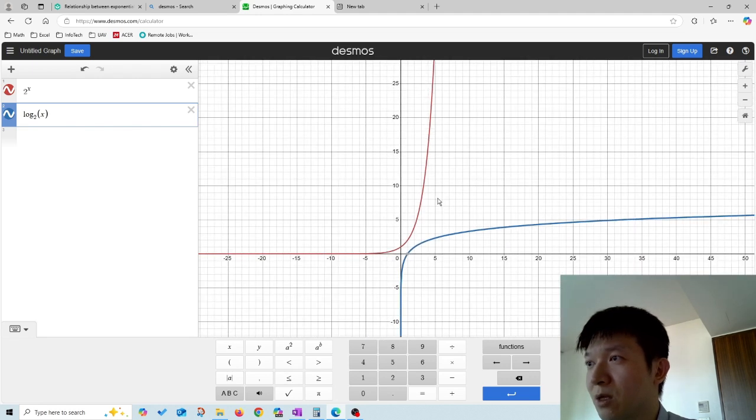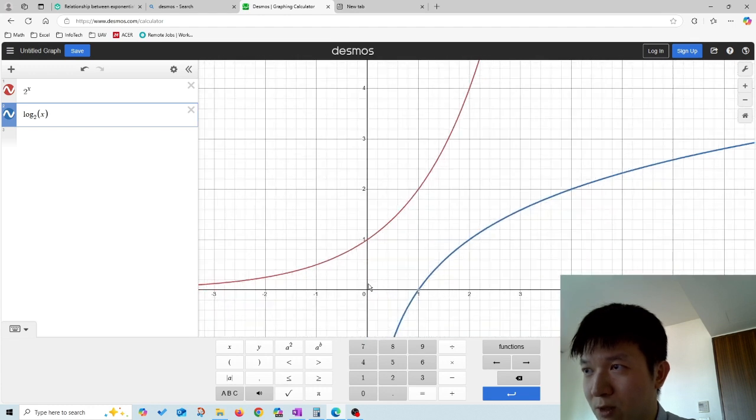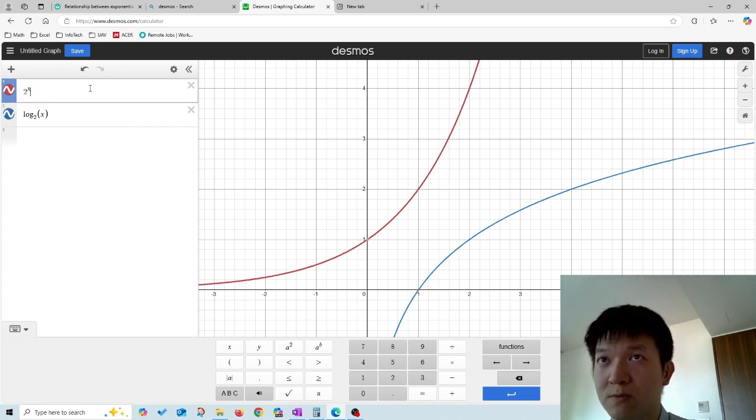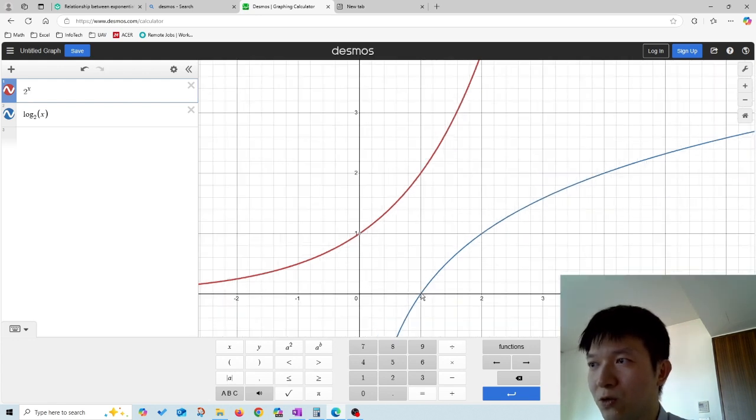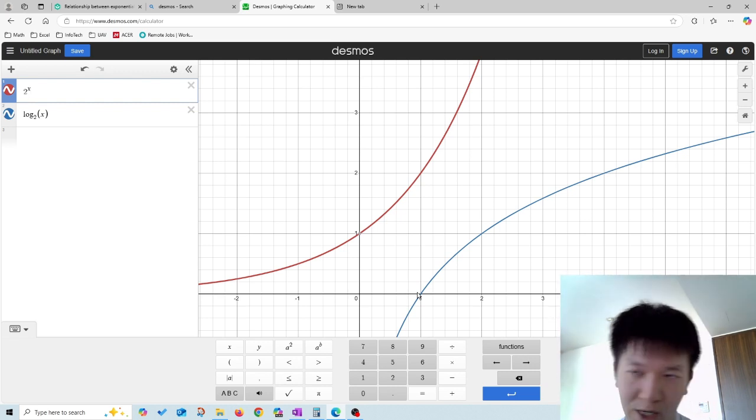So our y becomes x and our x becomes y. It was 0, 1, our first identifiable coordinate for our exponential function. But when you inversely relate it, our coordinates become 1, 0. X becomes y, y becomes x.